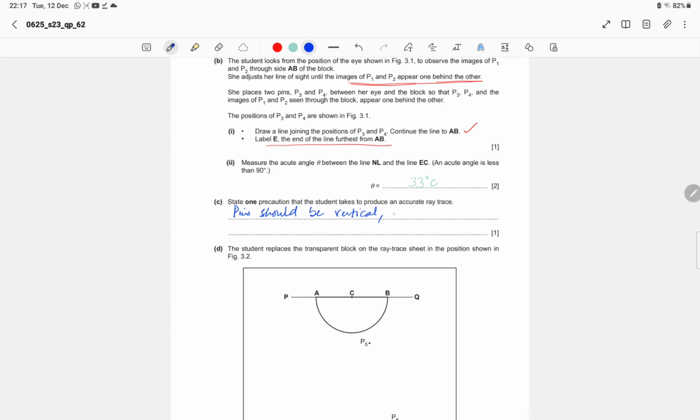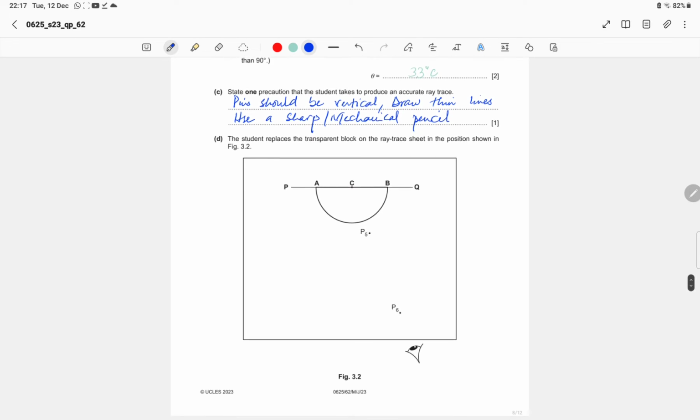Then draw thin lines, because if you do it with thicker lead, then you won't be able to get the right angle. And you can use a sharp pencil, or a mechanical pencil. So you can use any of these precautions over here.